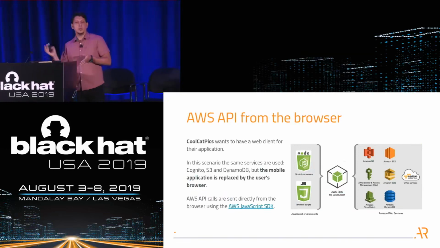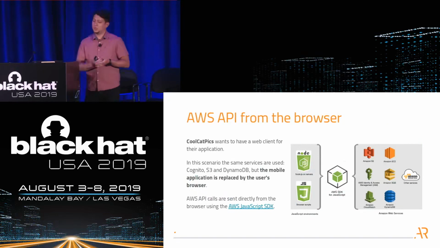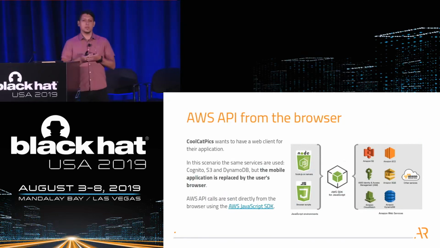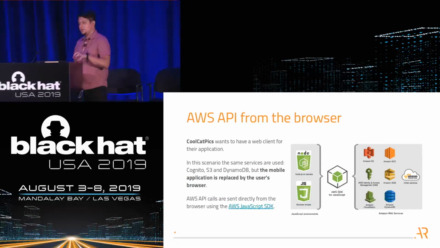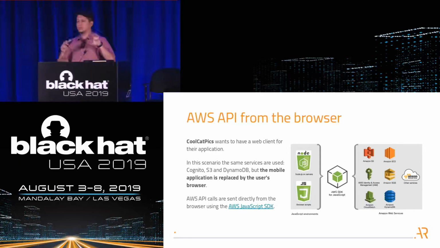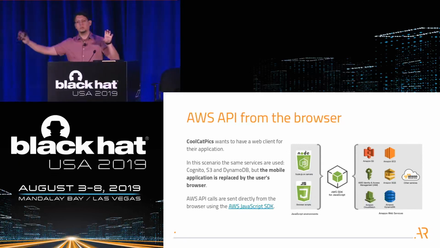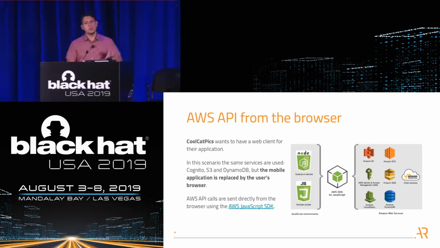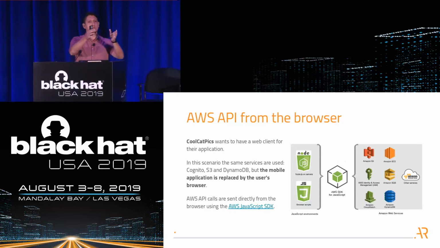And in order to do that, you need to use the JavaScript SDK. In that case, instead of a mobile application consuming APIs from Amazon, you have your browser running JavaScript consuming those APIs in a direct way.